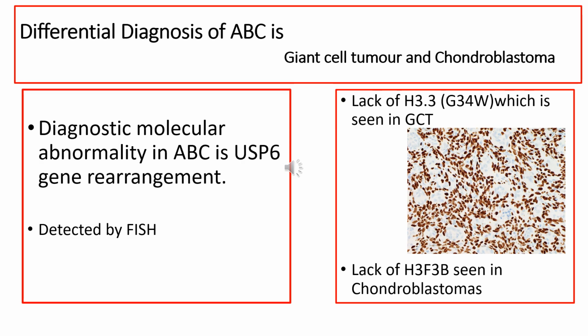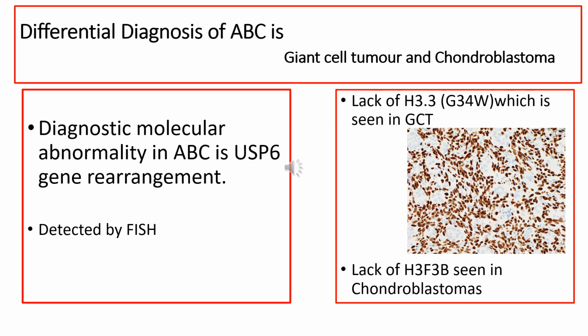Now this abnormality presently is detected only with the help of a technique called FISH, which is fluorescent in situ hybridization. But it is quite likely that in the coming years there will be a USP6 monoclonal antibody, which can help confirm the diagnosis of ABC with routine immunohistochemistry.